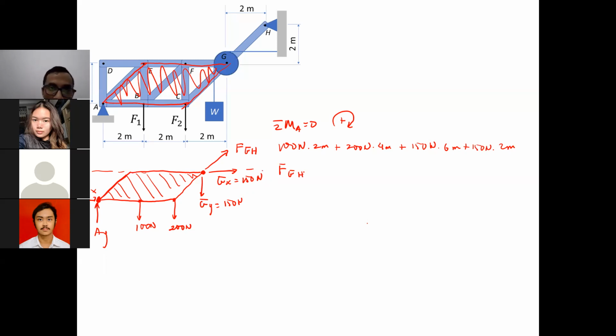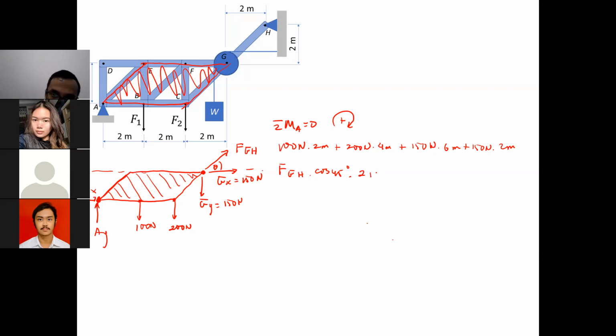Okay, FGH cos 45 degrees. So this one is the angle. What is the moment arm for the FGH cos 45 degrees, the horizontal FGH? 2 meter, the same as the GX, right?